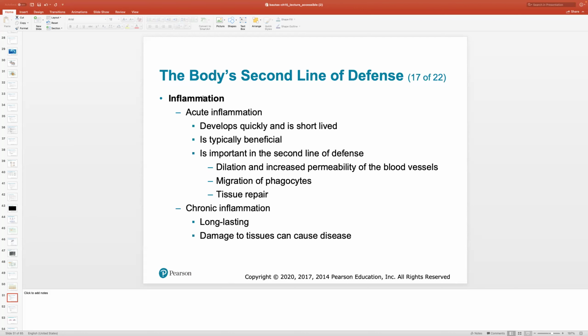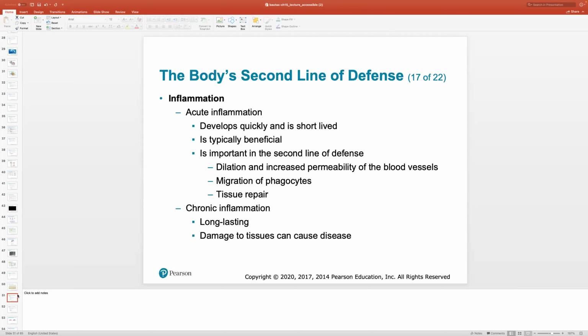And the internet is replete with all kinds of advice to use these anti-inflammatory foods or avoid these foods that cause inflammation. We're not going to address any of that here. We're just going to talk about the actual process of inflammation.